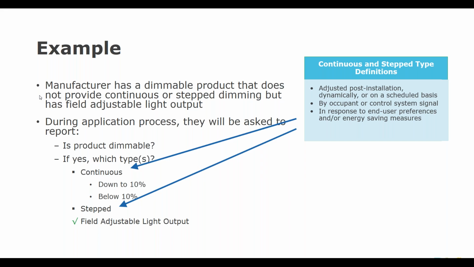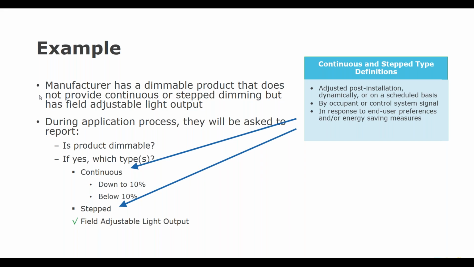Maybe it's got a programmable driver, maybe it's got a dip switch, where you can adjust the light output at the time of installation or at the distributor before it's sent to the job site, but it doesn't actually provide 0 to 10 volt input terminals or other methods of occupant-facing dimming.